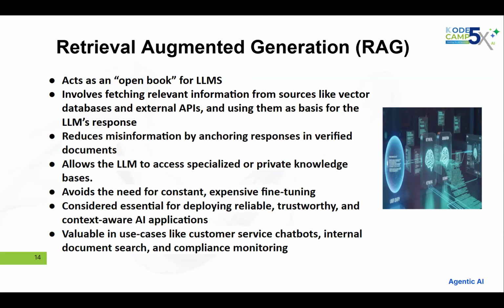It involves essentially fetching relevant information from, say, vector databases or from external APIs, or even from the internet, like websites, and then using such retrieved information as the basis for the LLM generating its response.